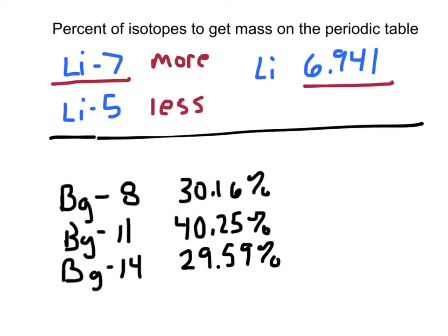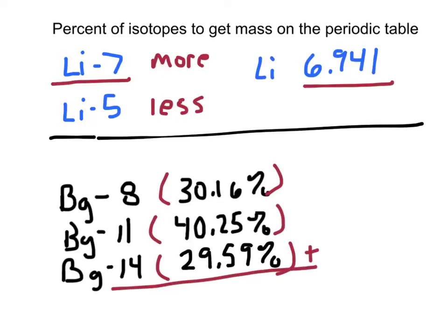Now, if you remember, all I have to do to get the final mass that would be up on the periodic table is take and times these like this, and then add them up. So let's do that. And I get 1098.29. Well, that couldn't be it, but notice I left it in percent.